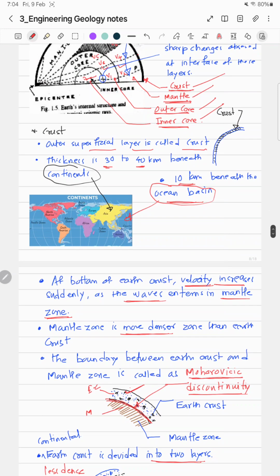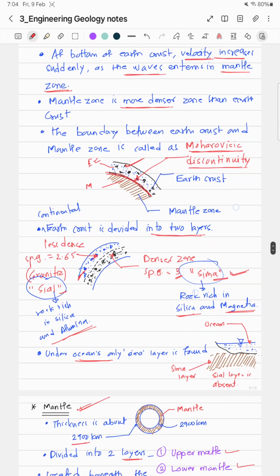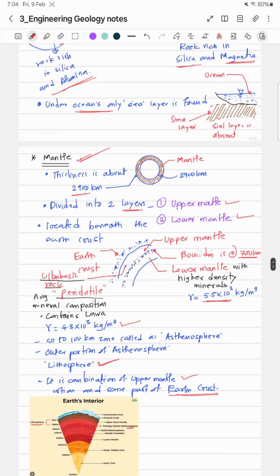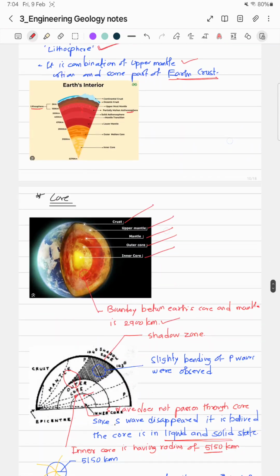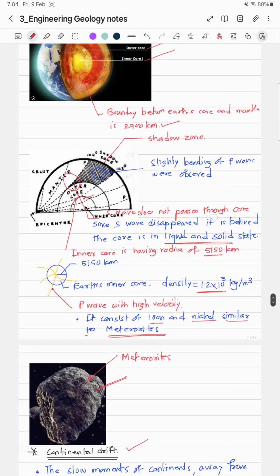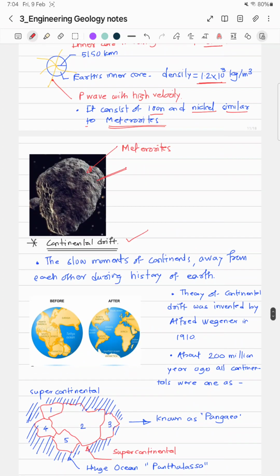Then we have discussed in more detail the crust, mantle zone, outer core zone and inner core zone. And then today we will see the basic theory of earth structure.